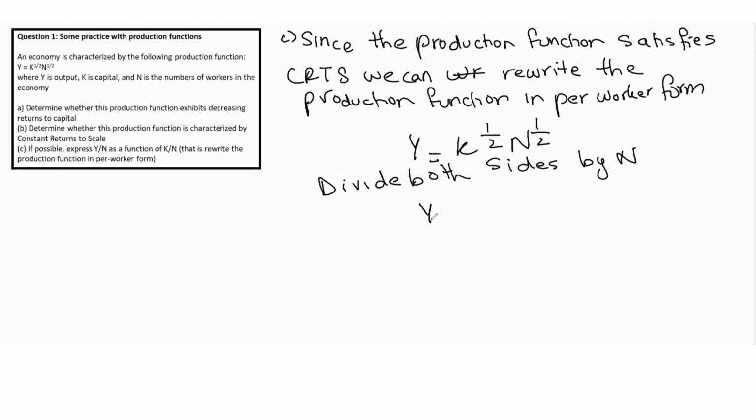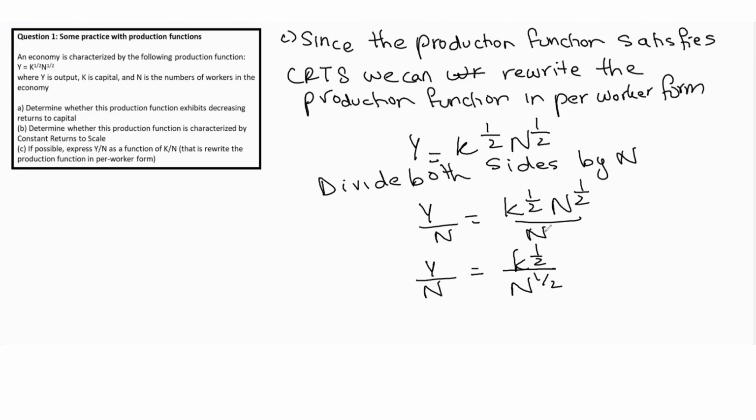So when we divide both sides by n, this becomes y/n is equal to k^(1/2) n^(1/2) divided by n. Now let's combine like terms: on the right hand side, we can take the n down and write this as n^(1/2).